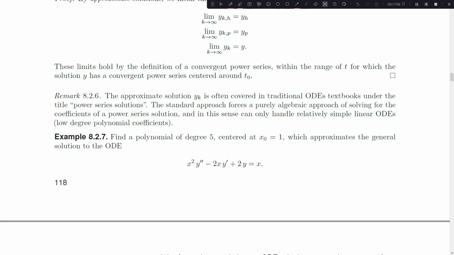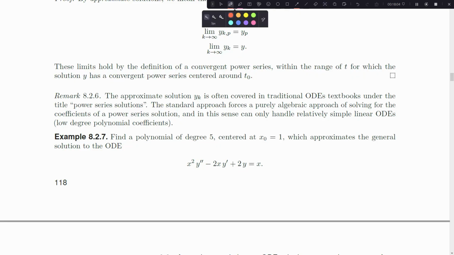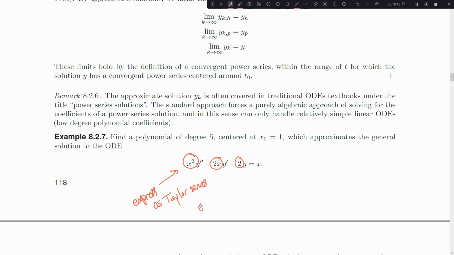And if we're going to center it at x0 equals 1, we have to do something special, because each of these coefficients needs to be expressed as a Taylor series around x naught equals 1.